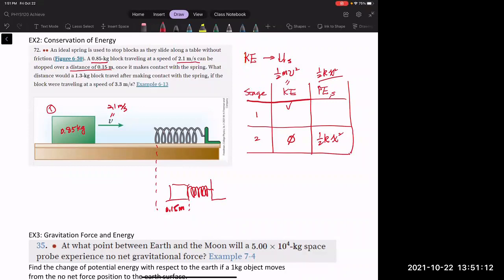So this problem has two stages. First, use the given data to find one thing that we don't know, which is this one here.